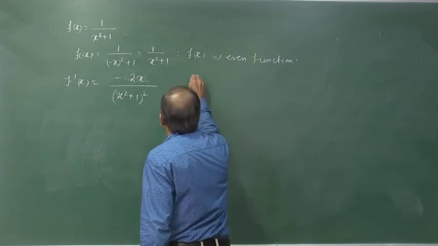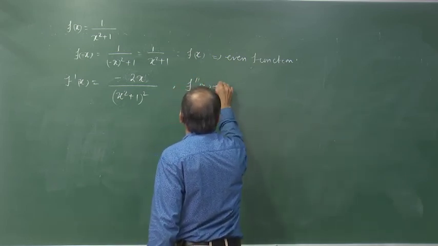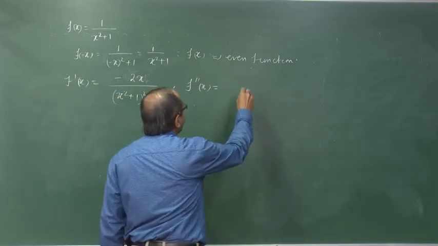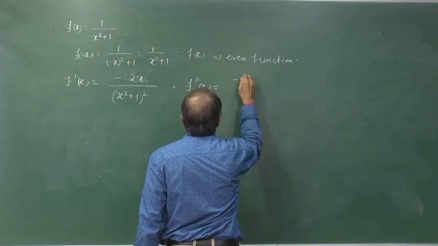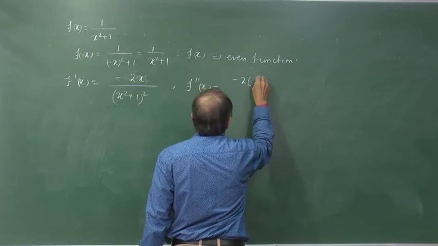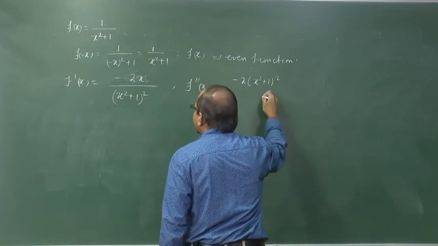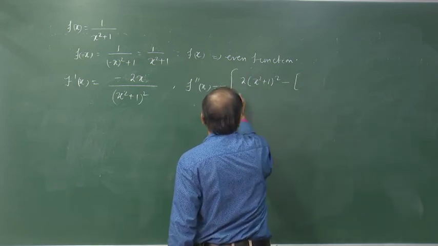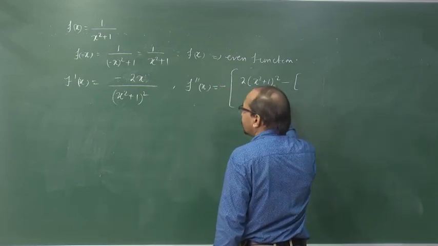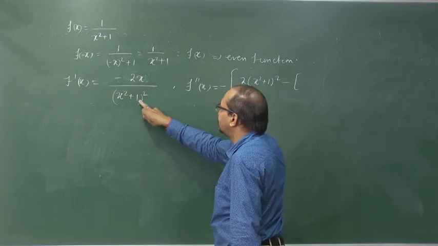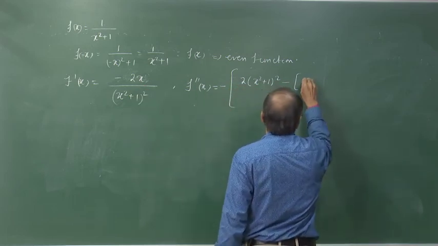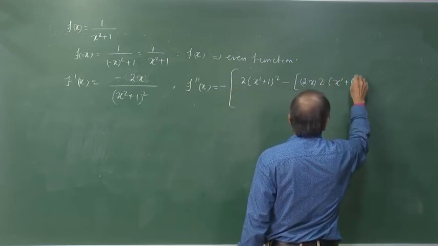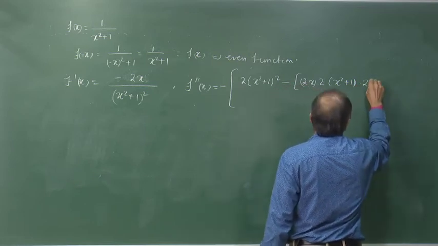Then what is f double dash x? F double dash x will be minus 2 into x square plus 1 whole square, minus, take it outside, 2x into x square plus 1, derivative of this into this, minus the function 2x into derivative of this one, which is 2 into x square plus 1 into 2x.